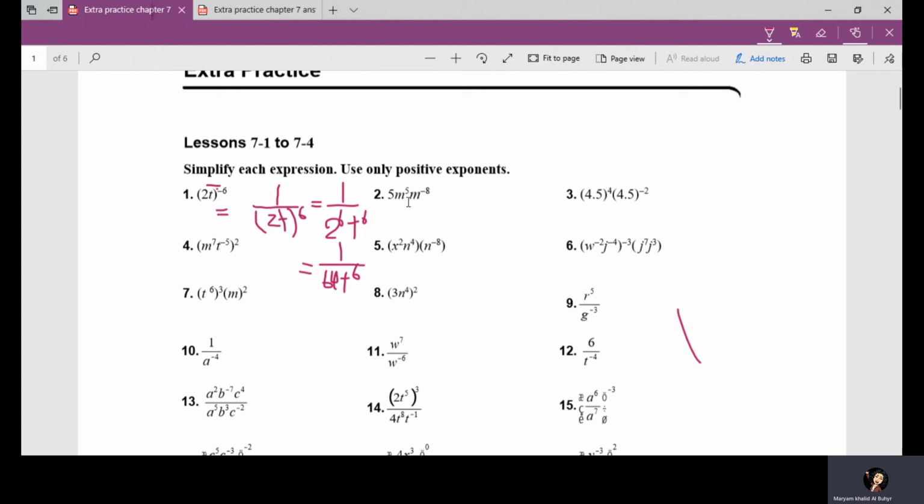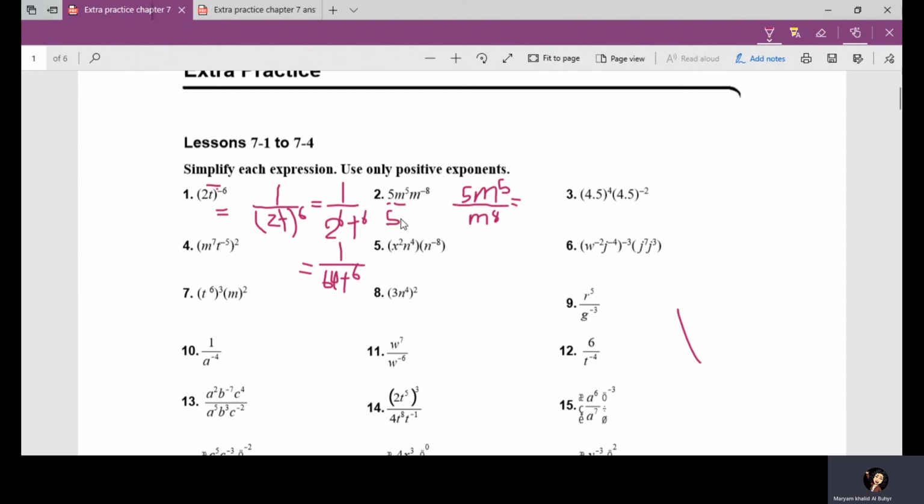Now, I'll do this one. m, nothing to simplify it with, go step by step, so I'm going to write 5m. Now I have a negative power, I must move it down to the denominator, so m will be 8, and this is 5. Then I need to continue one more step, or directly you can say I have the same base, I'm going to subtract the power.